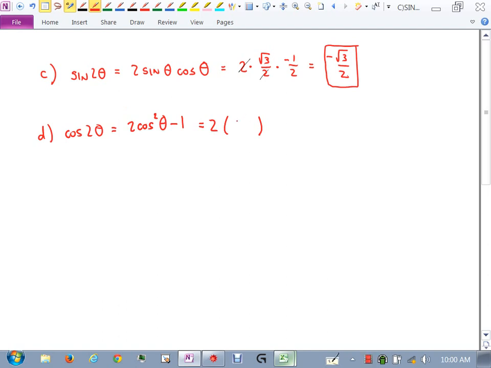Negative 1/2. But then squared, then minus 1. So look, cosine theta squared means you take cosine theta first, which is negative 1/2, and then you square it. Then you multiply by 2, then you subtract 1. Square negative 1/2, you get 1/4. 2 times 1/4 is 1/2. 1/2 minus 1 is negative 1/2.